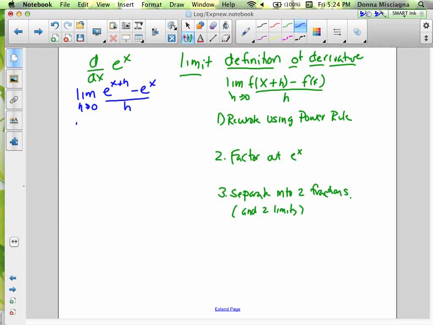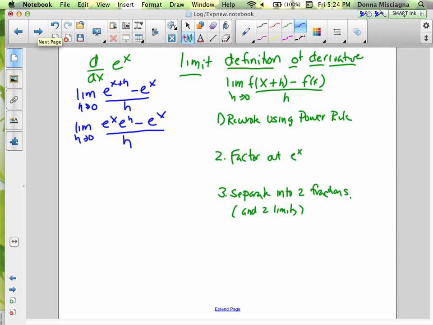So this would be the limit as h goes to 0 of e to the x times e to the h minus e to the x all over h. Right, because if we were to multiply e to the x times e to the h, we would add the exponents, and we'd have e to the x plus h, which is what we have over there.